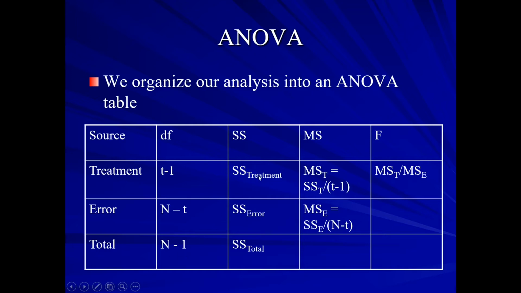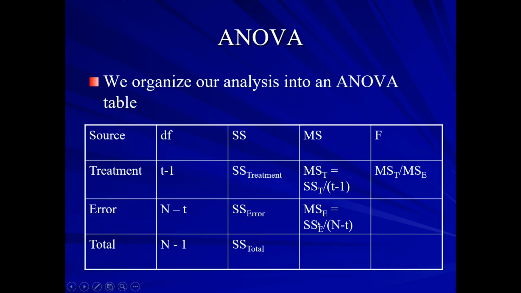We're going to have our sum of squares treatment, our sum of squares error, and our sum of squares total. And then we're going to take these sums of squares and find out how much per degree of freedom we have. And that's going to be called our mean square. And so our mean square treatment is going to be the sum of squares treatment divided by its degrees of freedom.